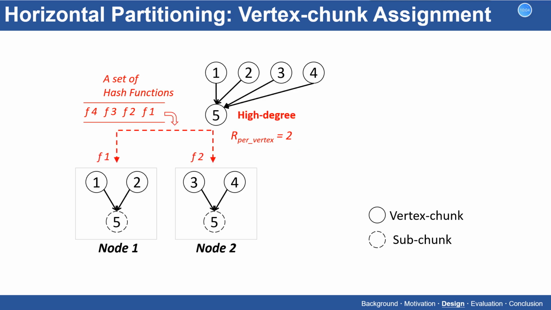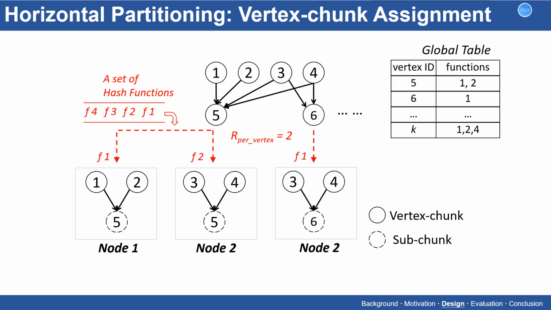In contrast, since vertex chunk 5 connects 4 edges, it is identified as a high-degree vertex chunk and is decomposed into two subchunks. As a result, GraBi uses two hash functions to assign the generated subchunks over two different nodes. By distributing the subchunks of every high-degree vertex chunk, GraBi achieves balanced computation time for all vertex chunks.